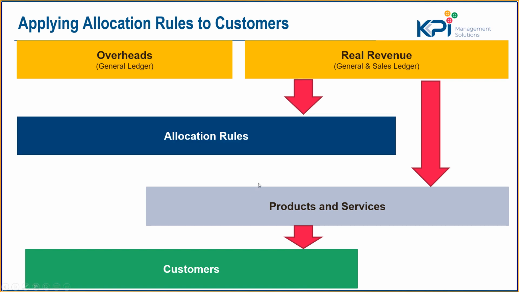And then what's left over, we build allocation rules. So we will take an item and we'll say, how do we allocate that expense down to the products and services or down to the customers? And part of the magic, we use the time-based ABC method from Harvard.